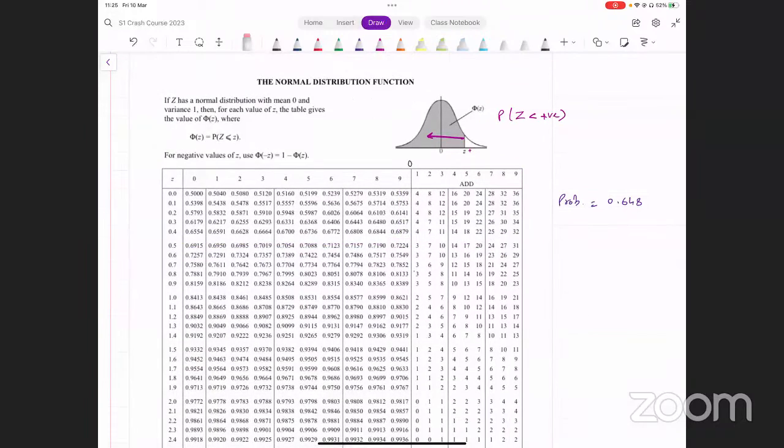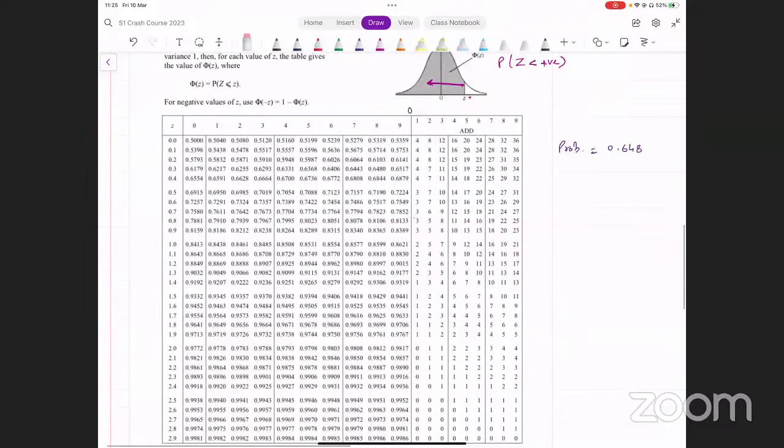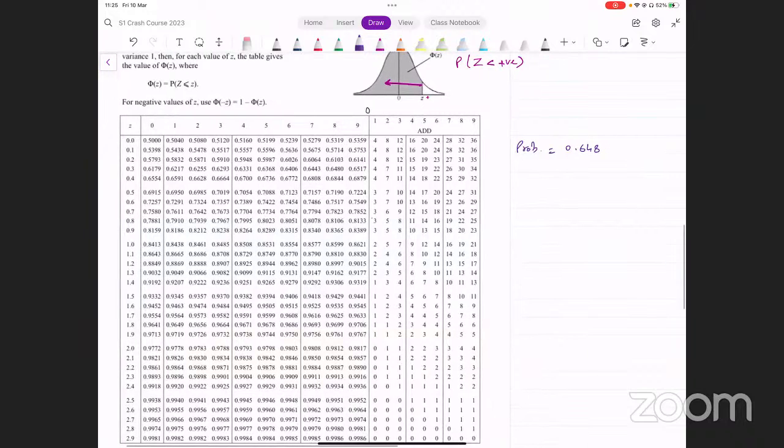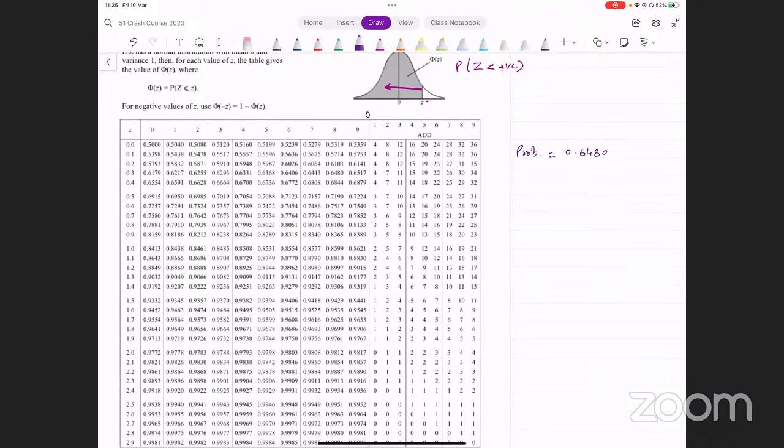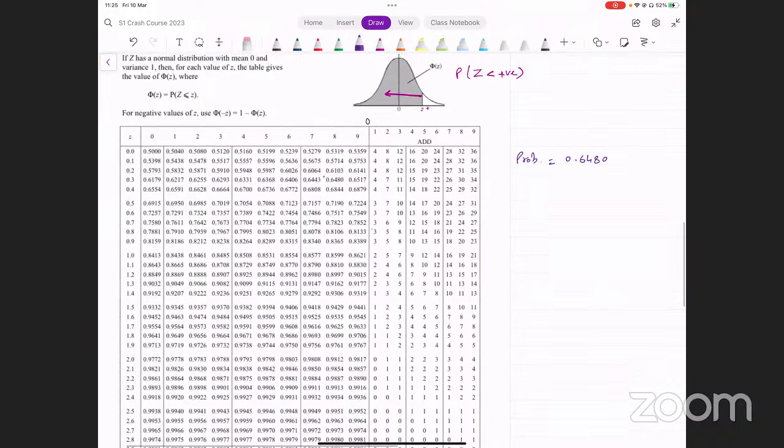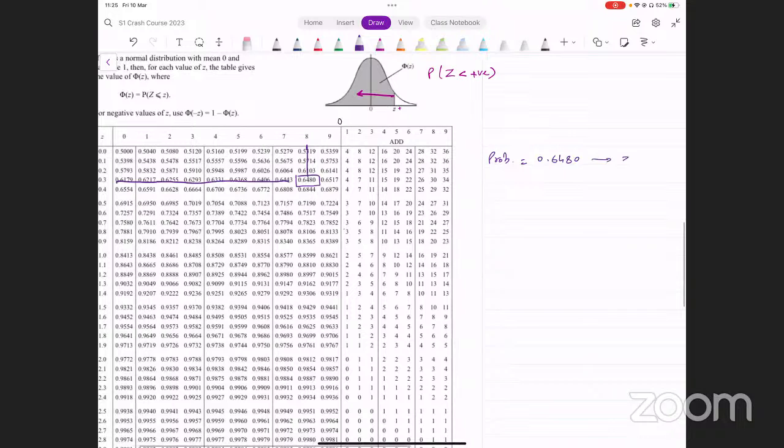Now remember, in the table, the probability values are given to 4 decimal places. So 0.648 means 0.6480. All right, let's look for this value. Well, fortunately, we have this exactly here. We have the exact value here. So the value of z that we get from this is 0.38.